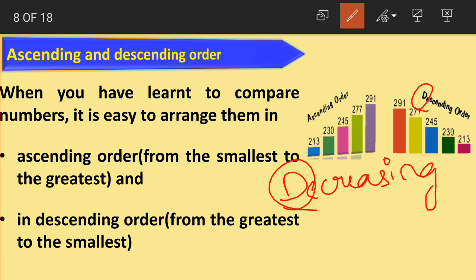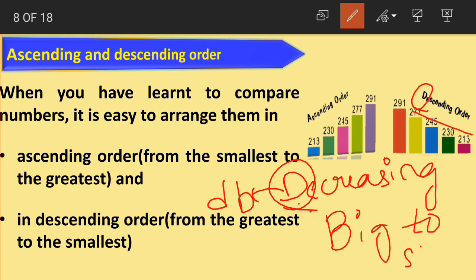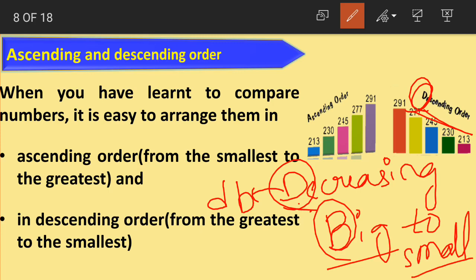Or you can say, most of the children get confused between D and B, right? So you can say decreasing means big. Descending order means we have the big number at first, big to small. D and B are quite similar. So in descending order, we write the numbers from big to small. Is it clear, children?